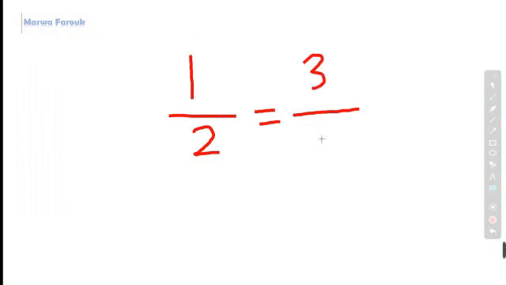What is this way? I have 1 over 2, and I want to know the other side. 3 over what? Okay, what will I say? I will say 1 times what equals 3. Who can tell me, 1 times what equals 3? 3. 3, excellent. 1 times 3.